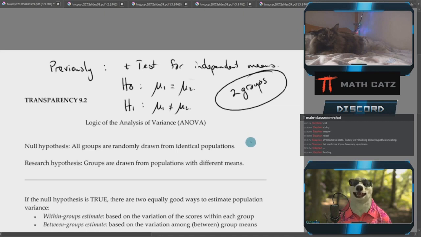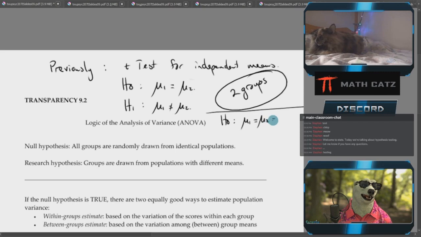And the research hypothesis then is that something is different. Could be that just a couple of them are different. Could be that they're all different. Because I have more groups, my null hypothesis, I'll write it over here, for let's say 3 groups will be that the 3 means from the 3 underlying populations are all the same.